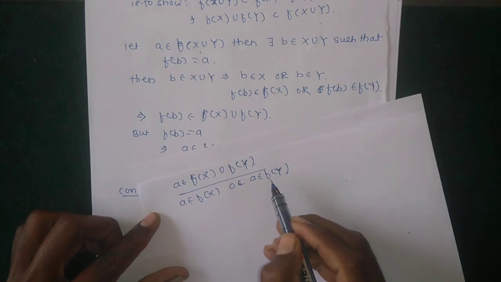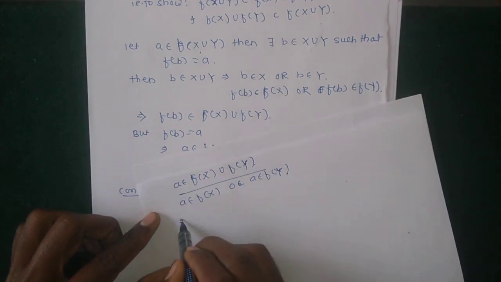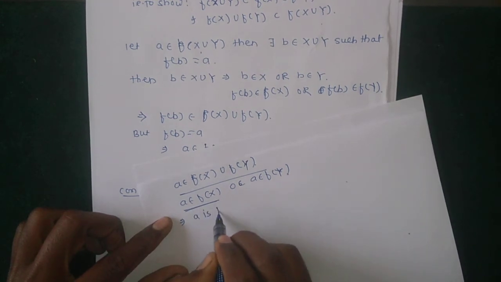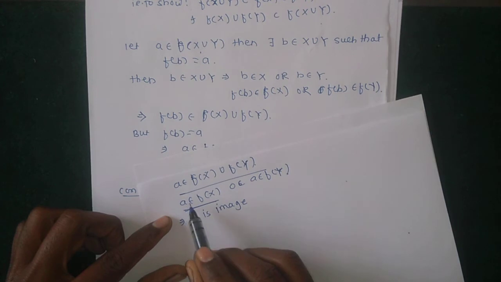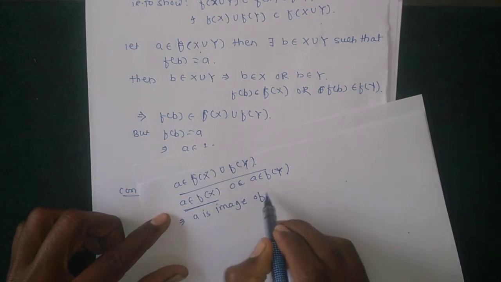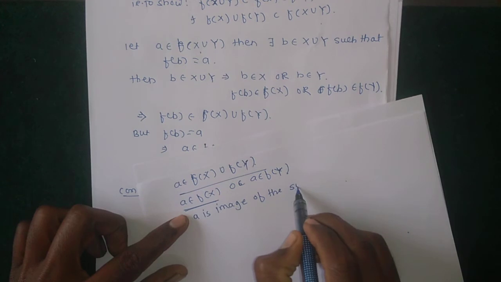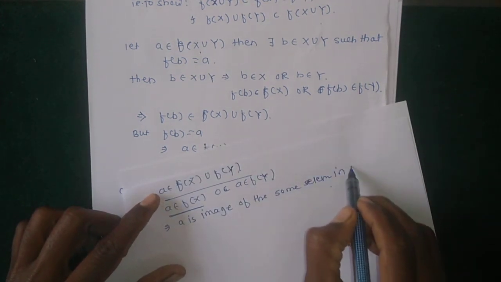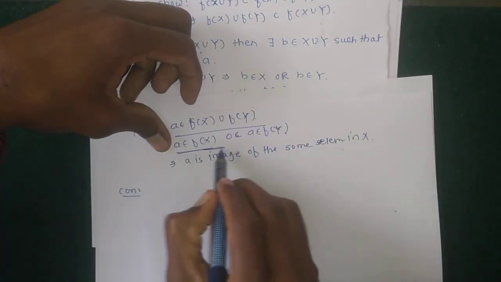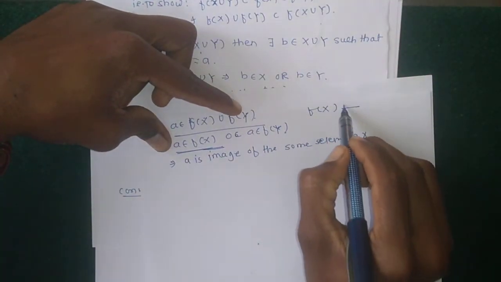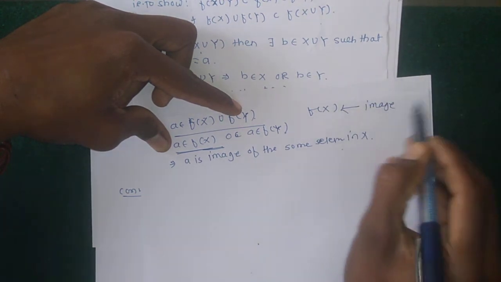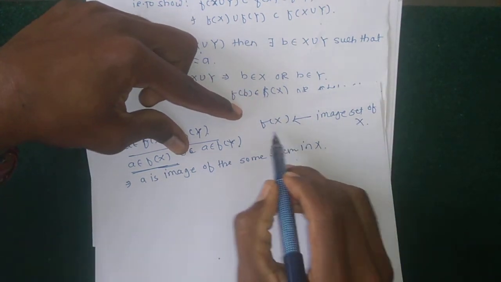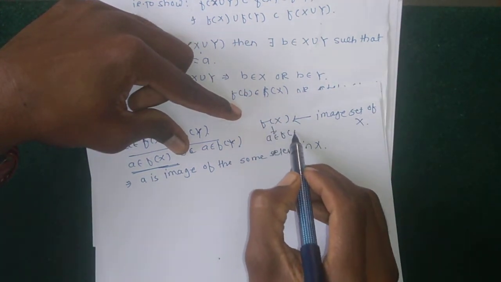Which implies that a is the image of some element in x. a belongs to f of x, and f of x is the image set of x.